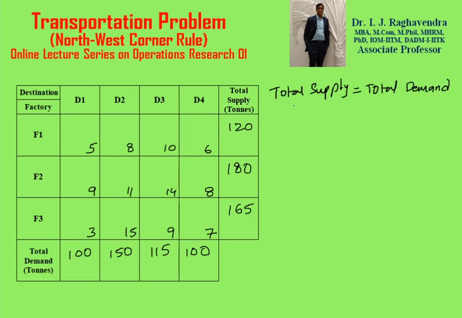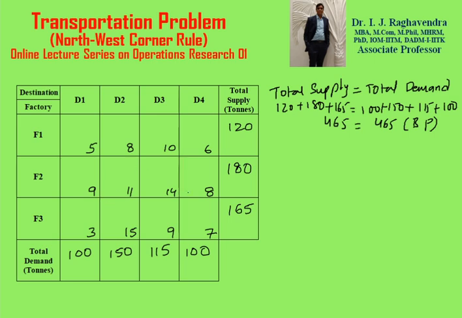So the total supply is 120 plus 180 plus 165 is equal to 100 plus 150 plus 115 plus 100. So here the total is 465 and here also 465. That means it is a balanced problem. There is no change in the matrix.